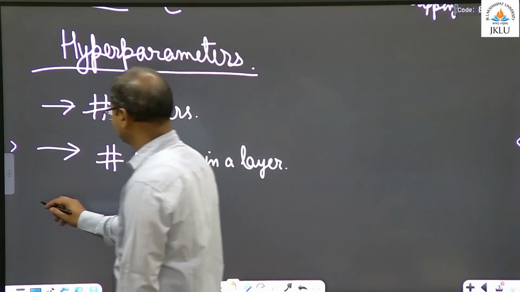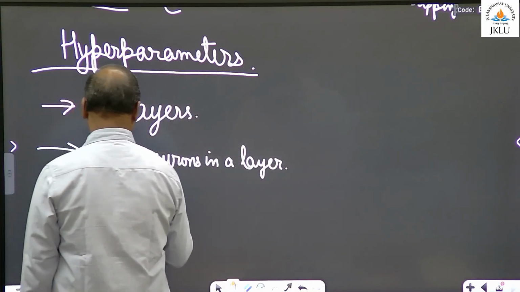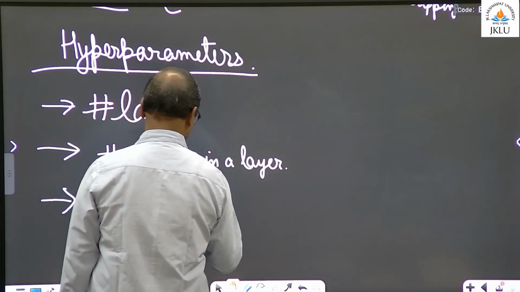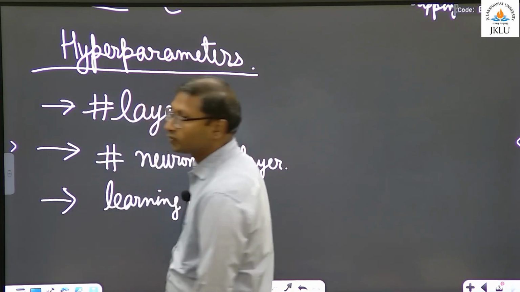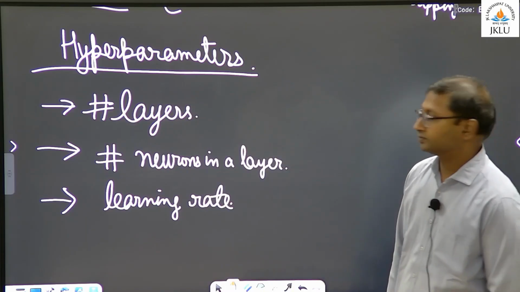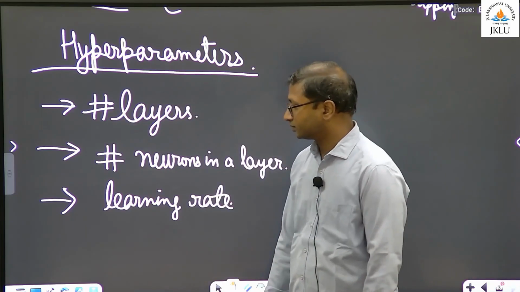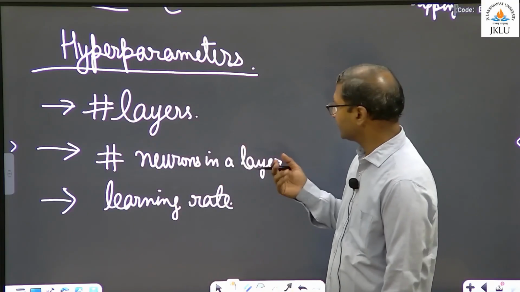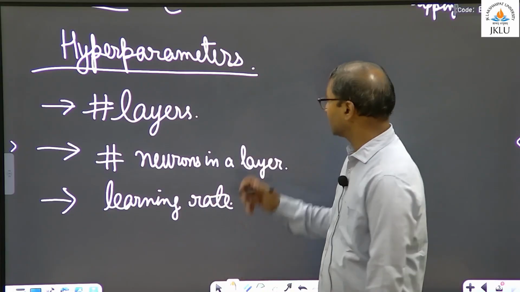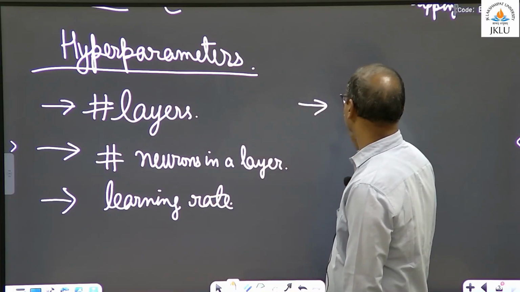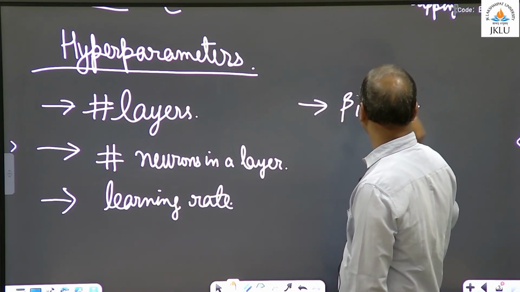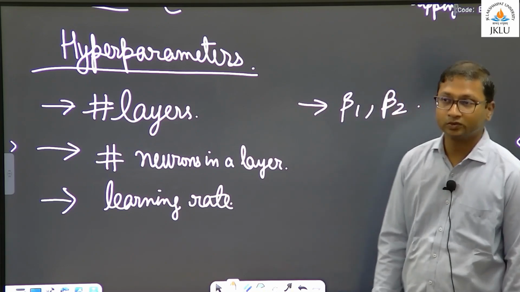Learning rate, what else? What else? Can you help me list more hyperparameters? Beta. So momentum term beta 1, RMS prop term beta 2, what else?